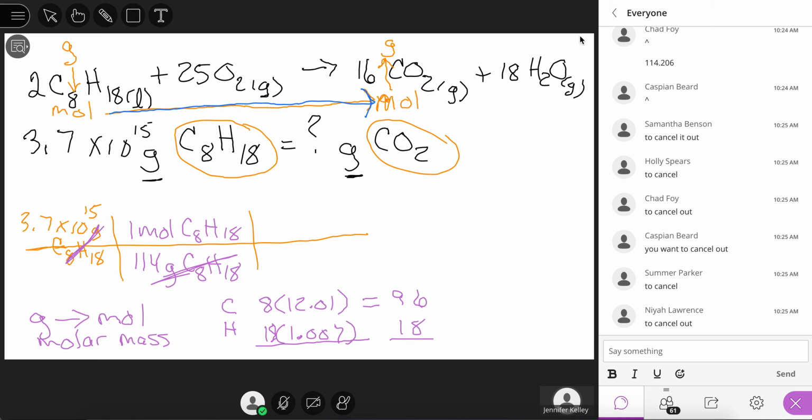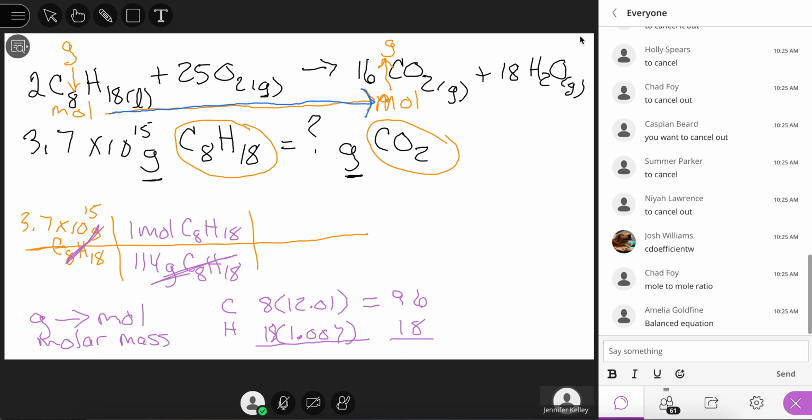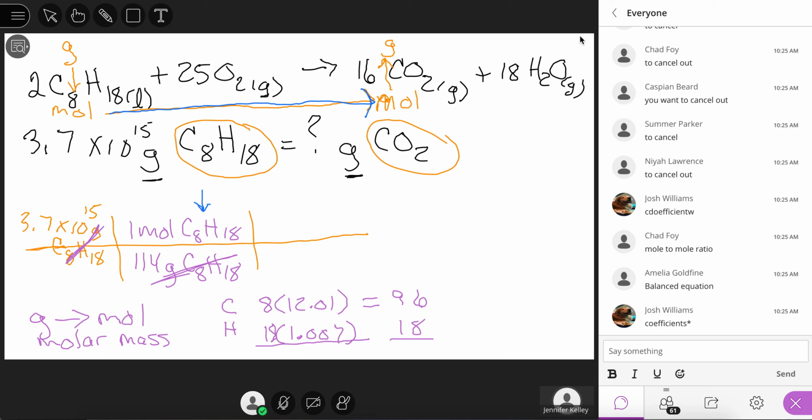So what do I use to go from moles of one thing to moles of another? This is the new step that we haven't used before. Coefficients. Excellent. Yeah, so we're going to use our balanced equation and use the coefficients from our balanced equation. So octane is on the top here, so I'm going to put it on the bottom here.